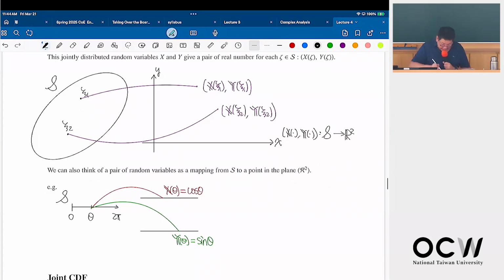In that case, in the plane, I have x and y. And here is a theta.